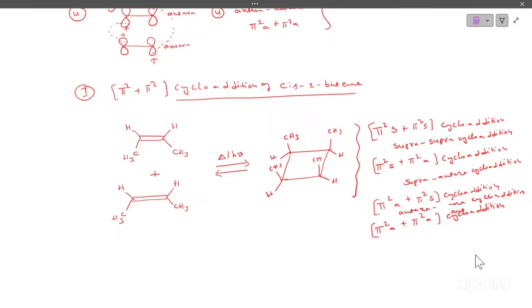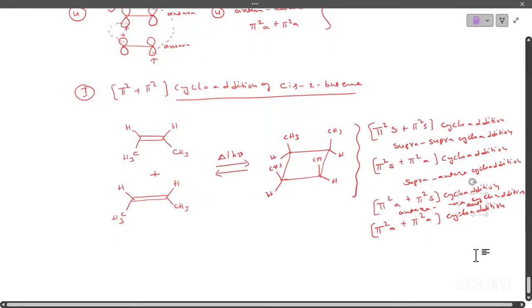Okay, leave it. The below one is the cycloaddition. This is not antara, this is supra. So supra cycloaddition, antara cycloaddition.